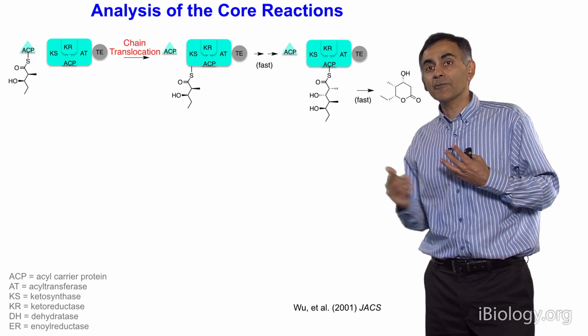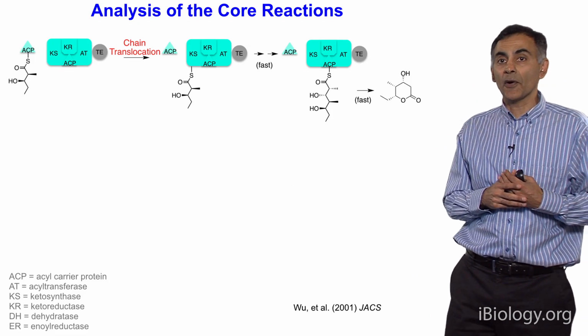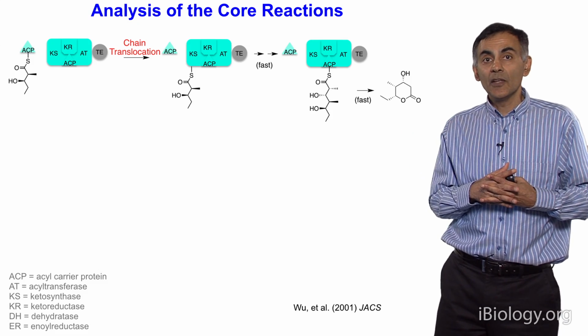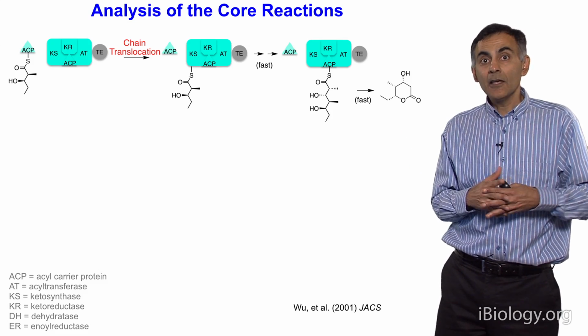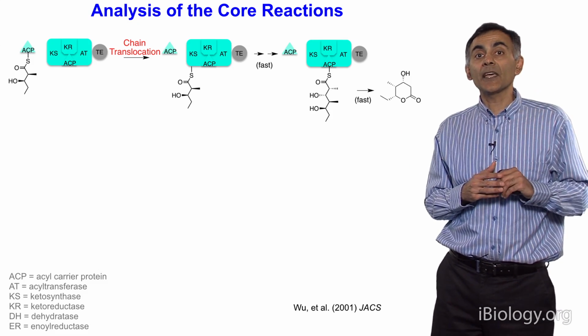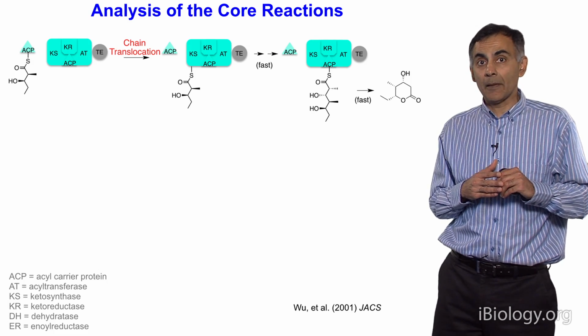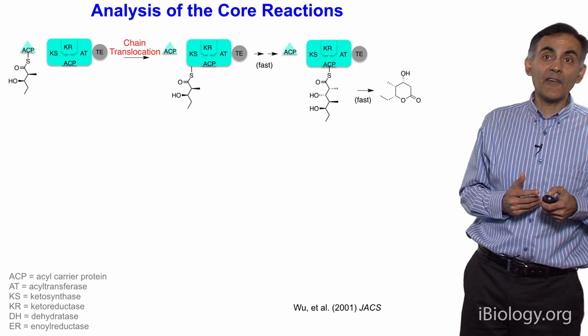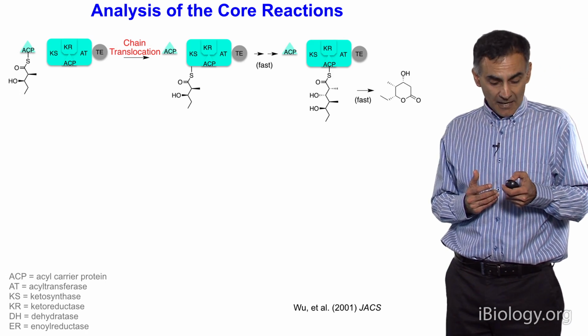And everything after that that leads to the turnover of this module is fast. And so you can use this kind of an assay to interrogate, using established kinetic paradigms, that chain translocation step of your favorite module that you're interested in.